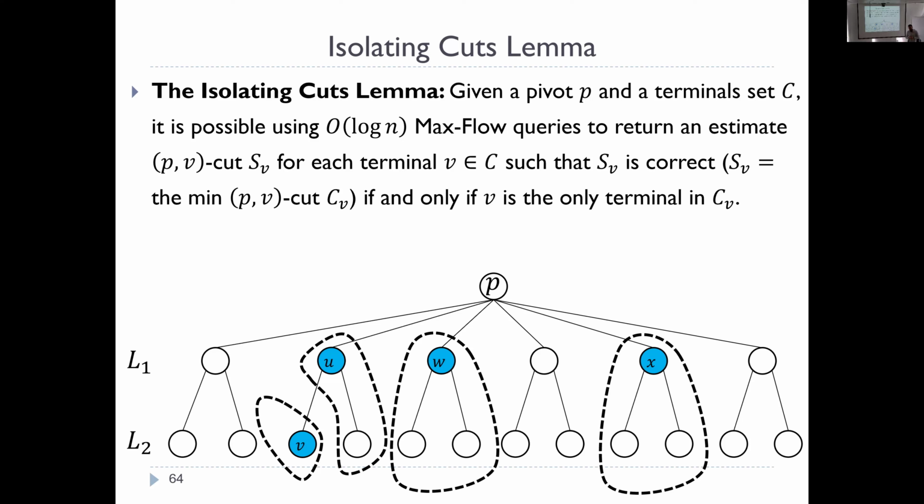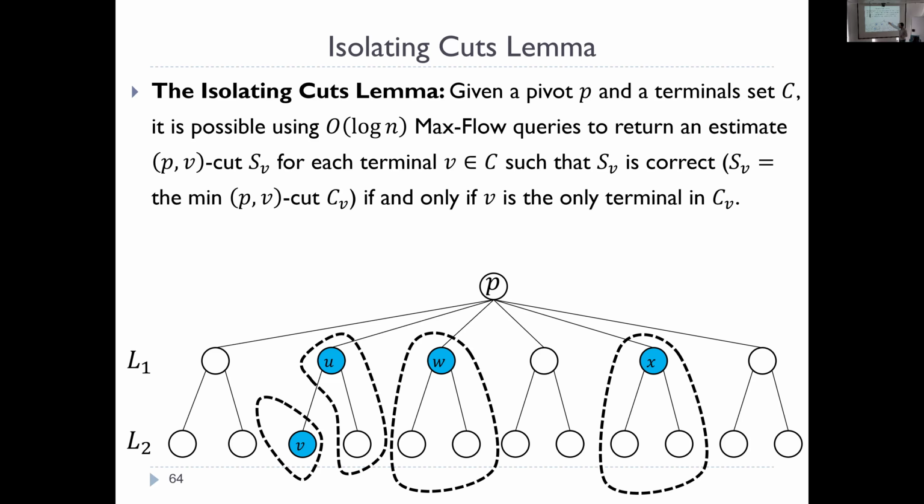Now, can you please ask again? Let's look at the condition. Even with just 2 terminals, the condition doesn't hold. You want the side of the terminal to have only that terminal in its set of nodes.